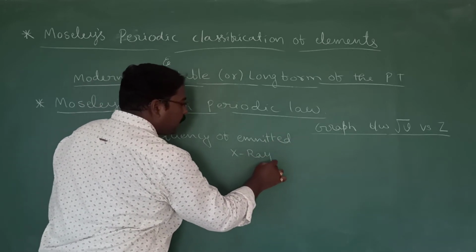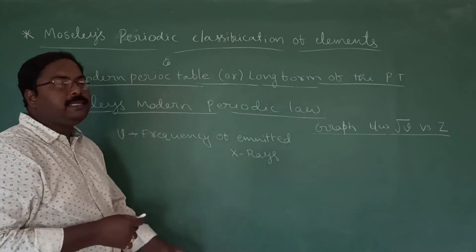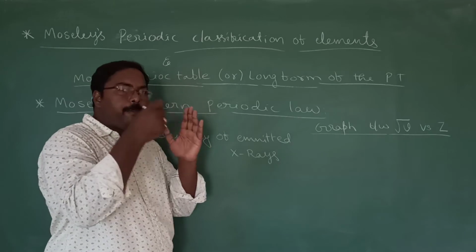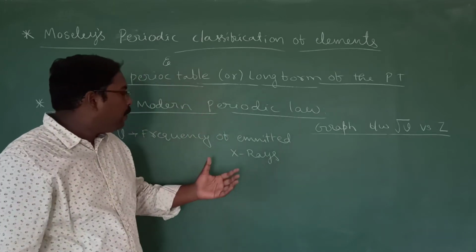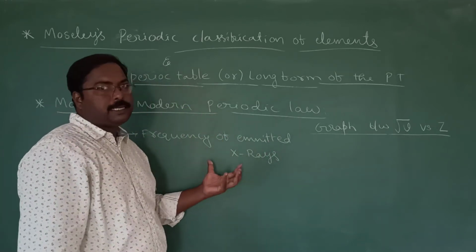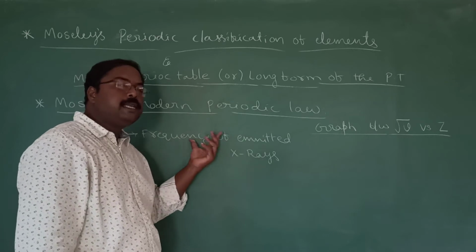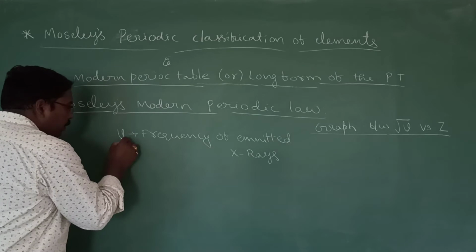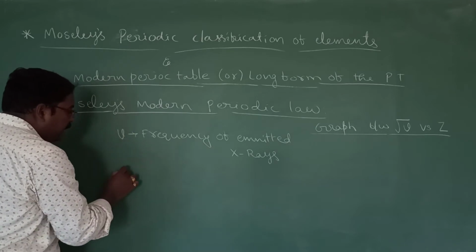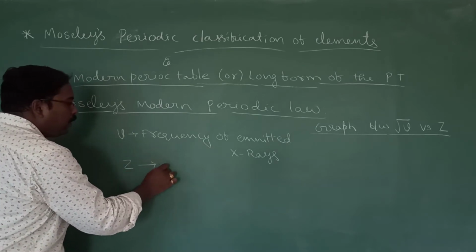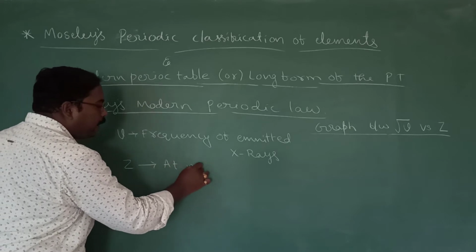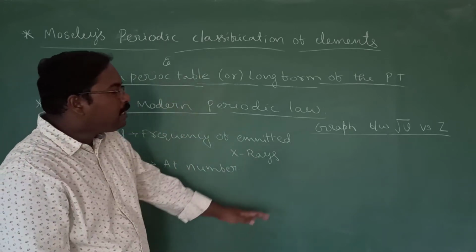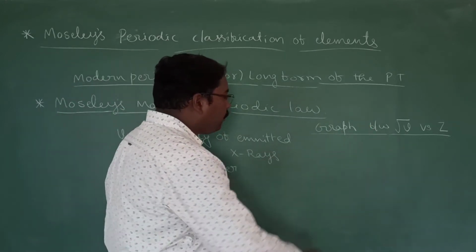X-rays. He did an experiment by bombarding metal surfaces with a fast moving beam of electrons. Then the emitted X-rays were recorded, and the frequency of the emitted X-rays was recorded. So that is the frequency of this emitted radiation, and Z means atomic number. He drew the graph between these two.